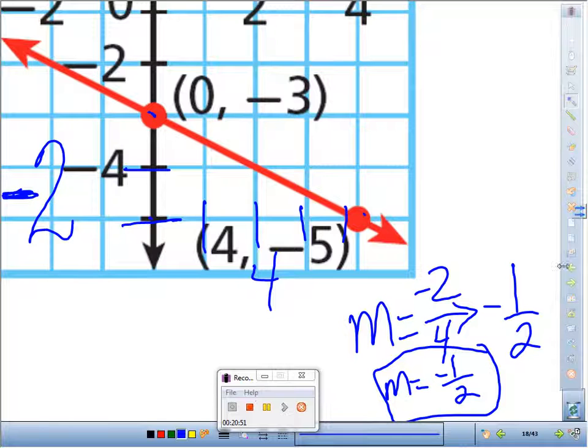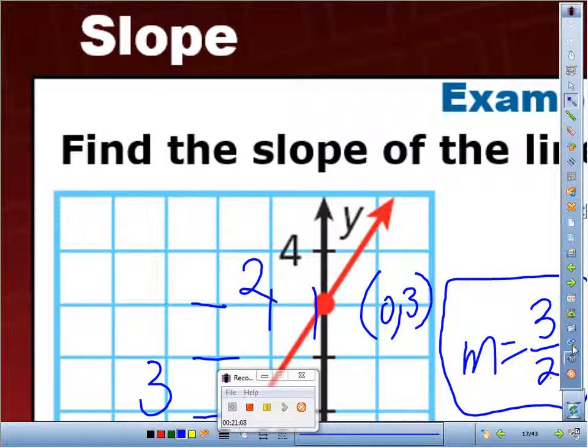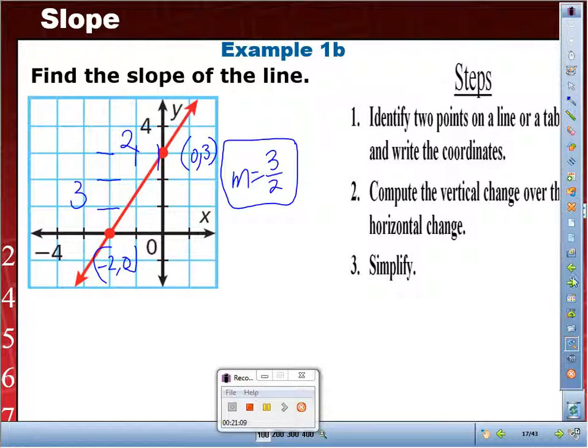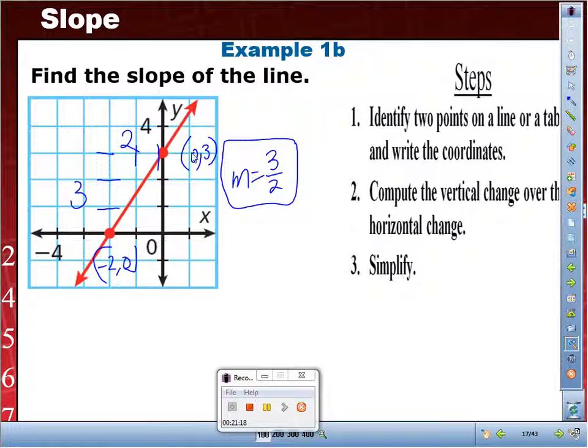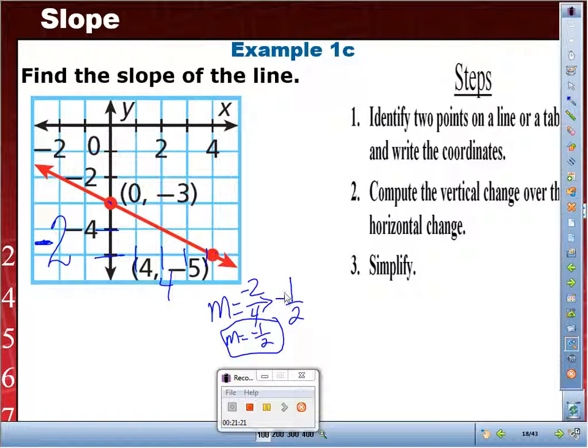So now, look up, please. Watch. Look at the previous one. Let me zoom out. We started with this one. Which direction do you see this line going? Up, and it's a positive. Look at this one. It's a negative.